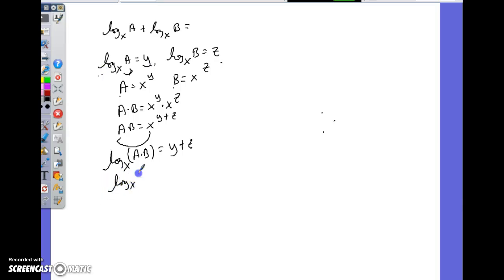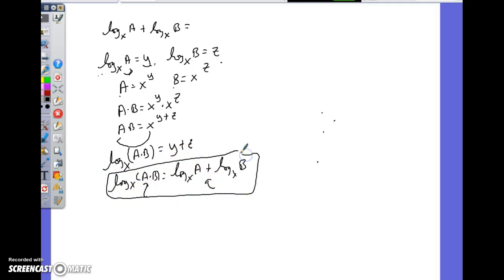I get log base x of A times B is equal to log base x of A plus log base x of B. So addition outside is multiplication inside. Now that makes some sense because if you think about it, log is power. This is really a power. To what power do you need to raise? If I'm adding exponents, that's the same as multiplying their bases.